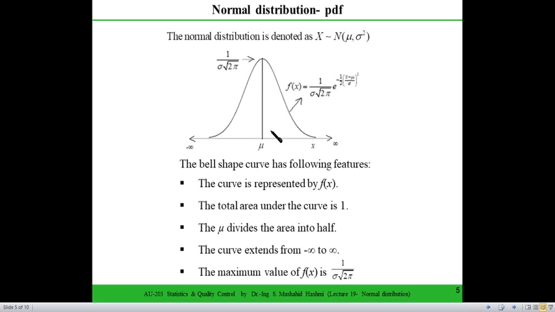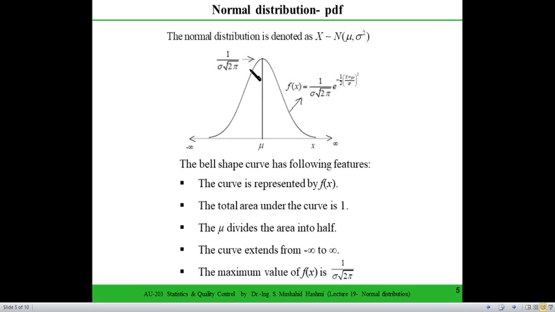As we know, this mu value, or the mean value, is dividing the total area into two segments. So less than mu, the area under the curve would be representing 50% of the area, and greater than mu would be representing the other 50%. So if you add them, the total area would be 1.